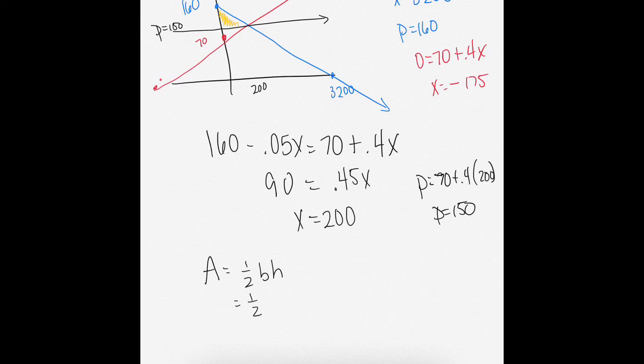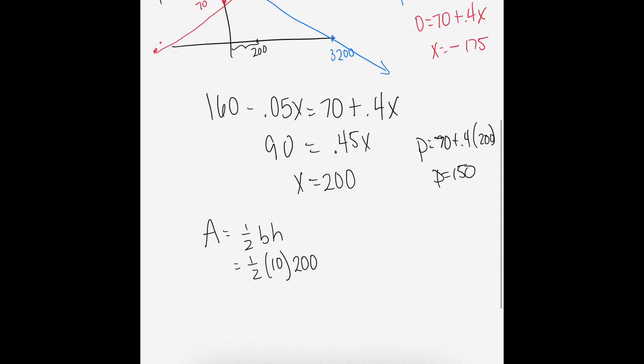So that will be 1/2. My base is going to be however wide this is. So if this was 160 and that's 150, it'll be 10. And the height will be from 0 to that point of intersection, which is why this number here was important. So that will be 200. So we have 2,000 times 1/2, which will give us 1,000. And that will be my consumer surplus.